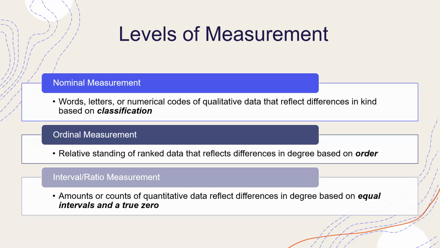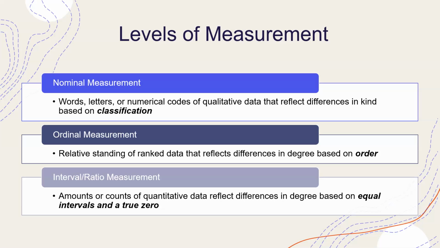On the other hand, the distinctive properties of interval or ratio measurement are equal intervals and a true zero. For example, weighing yourself on a bathroom scale qualifies as interval or ratio measurement. Equal intervals imply that the difference between 120 and 130 pounds represents an amount of weight equal to the difference between 130 and 140 pounds, and it's appropriate to describe one person's weight as a certain amount greater than another person's.